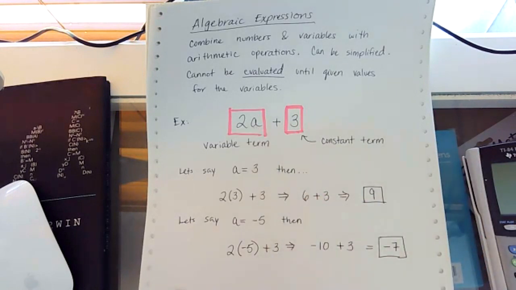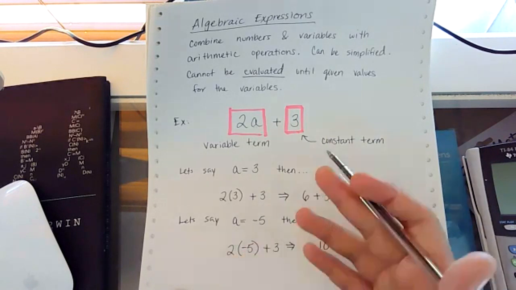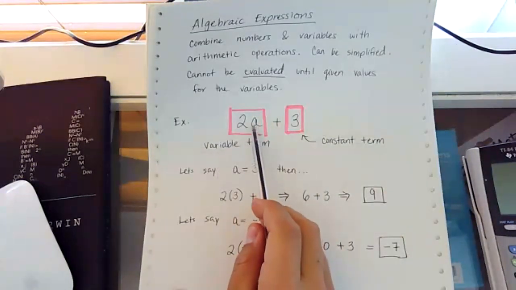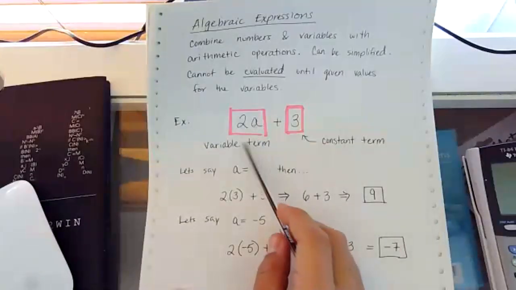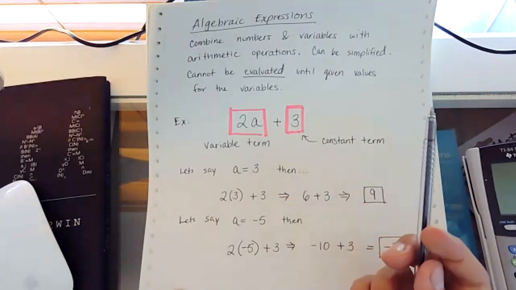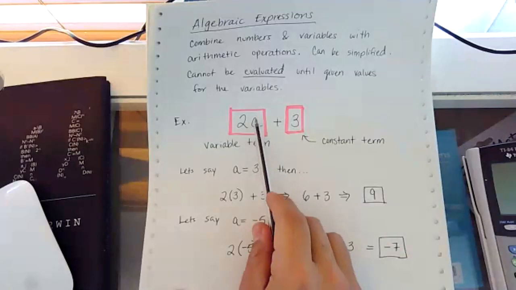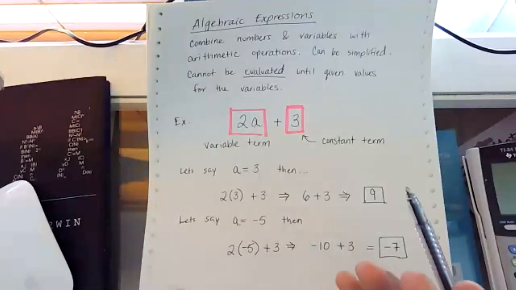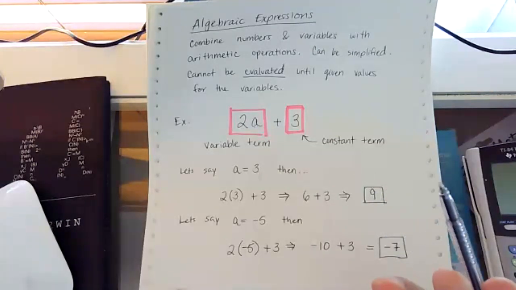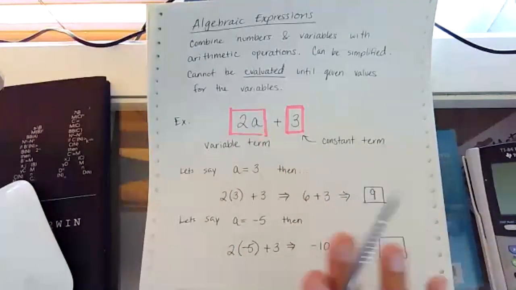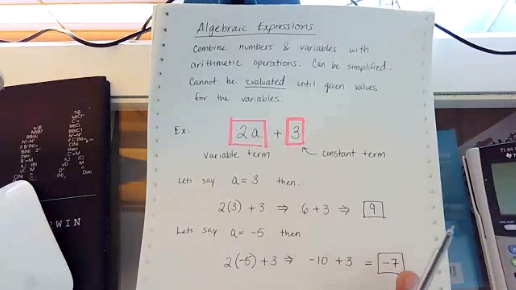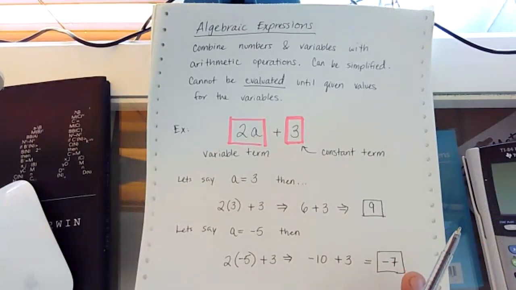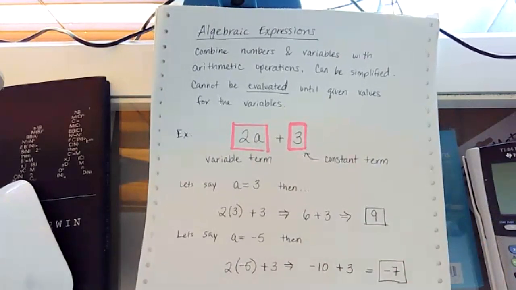When we say things that vary in life, or there's variation in life, we say that things change. So this variable term will change based on the value that we assign to the letter a. Variables tend to be symbols like letters. x is one of the favorite variables that we use in mathematics, but it can be any English letter. Does that make sense? Or are there any questions?